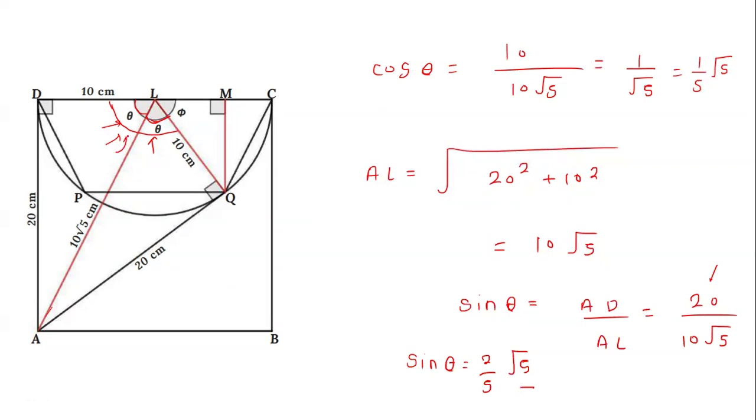Now this is theta and this is theta, so we assume this angle to be phi. So we can write the total angle as 180 minus 2 theta. If you take sine on both sides, sine phi is equal to sine of 180 minus 2 theta. Sine of 180 minus theta is equal to sine theta, so here in this case it is sine 2 theta.